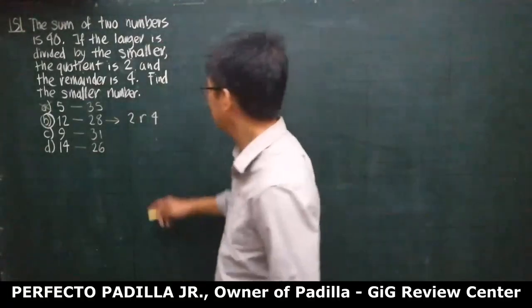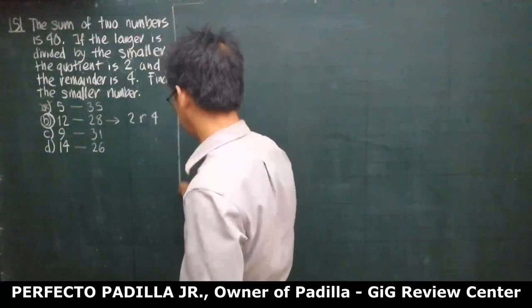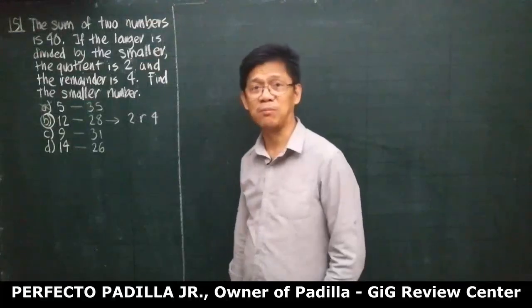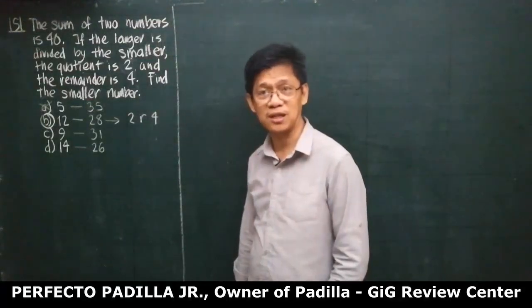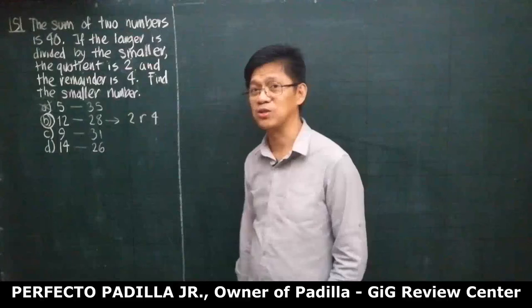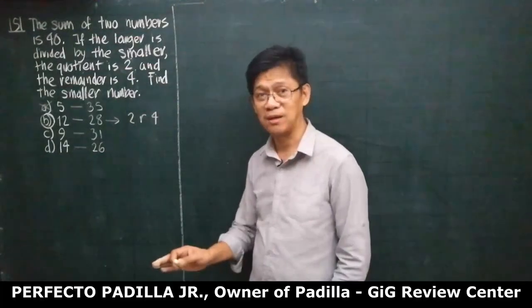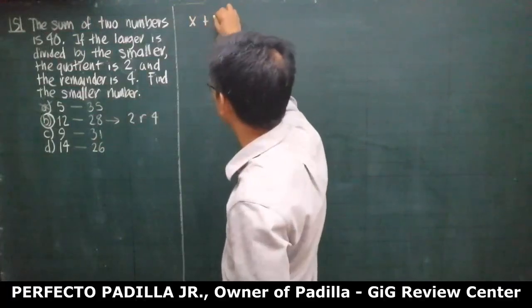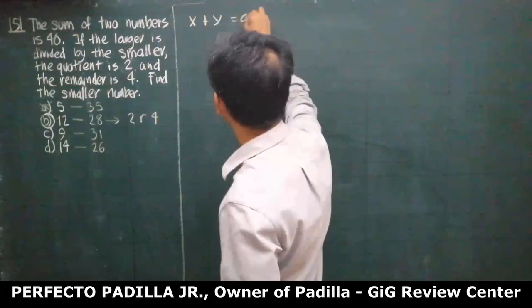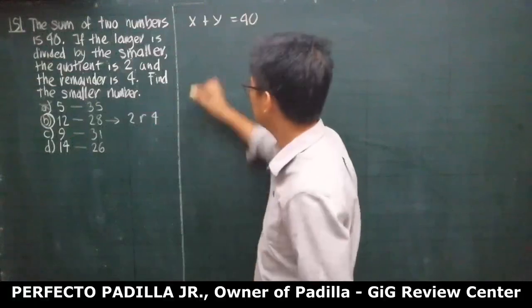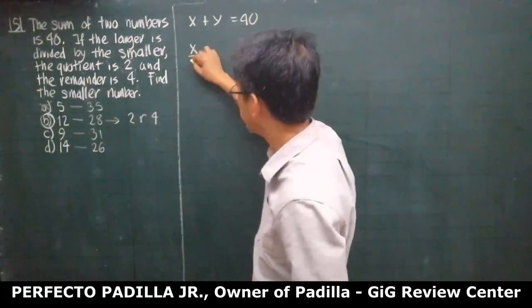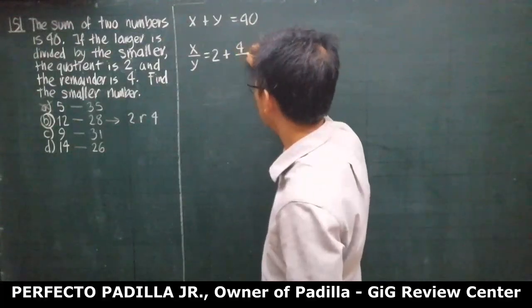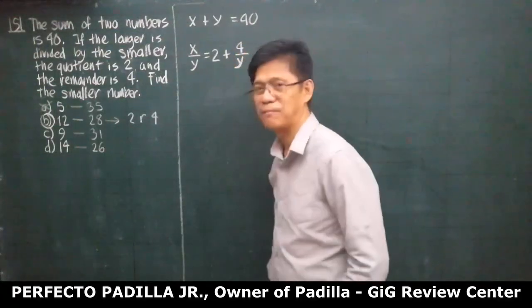Well, anyway, just for the sake of theoretical solution, let me solve. Now, this is not a number digit problem, so you don't need to represent the digits because there are no digits mentioned in the problem, just the number, okay? So, if the bigger number is x, the smaller is y, x plus y is 40. Then, when you divide x by y, the answer is 2, remainder 4, over the divisor y.